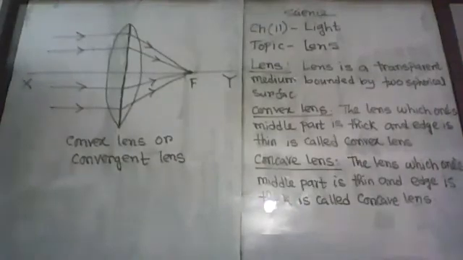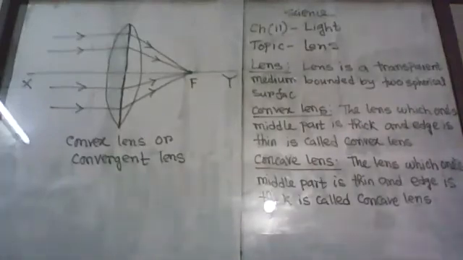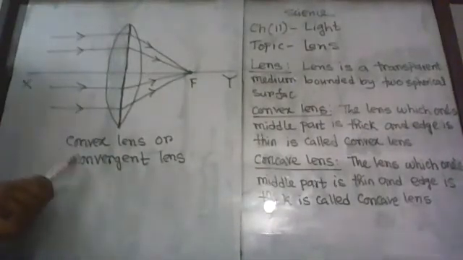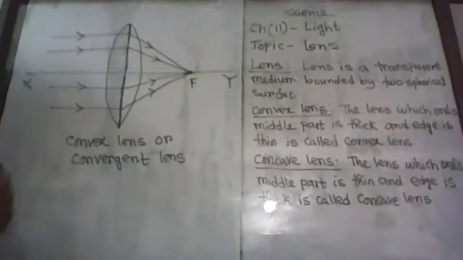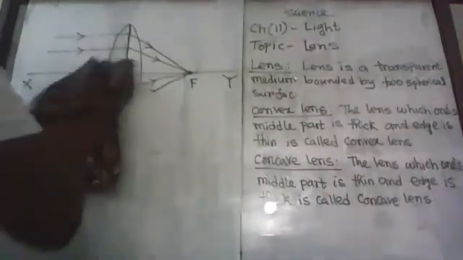Okay, sir. Now, what will happen in the case of a concave lens? Let's see. So the convex lens is called a convergent lens. Now, for the concave lens, let's see what is happening here.